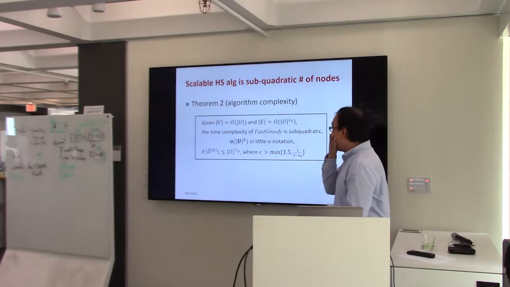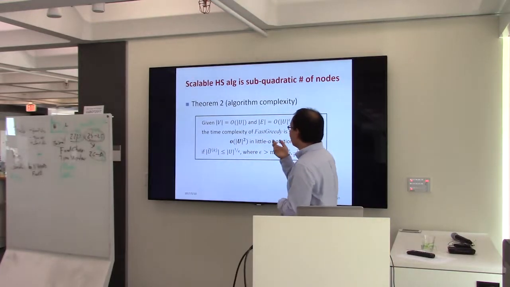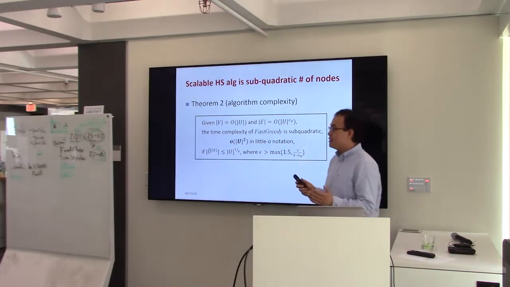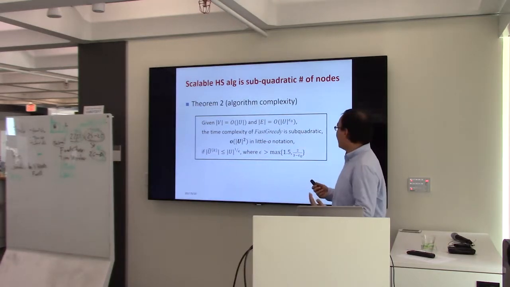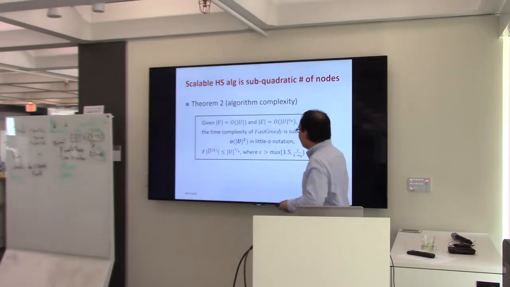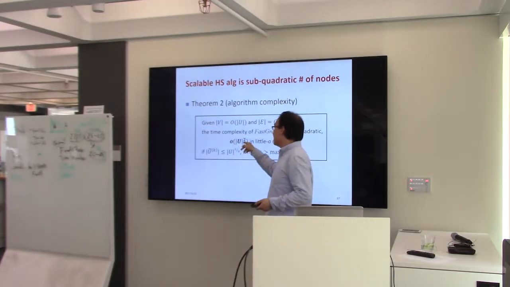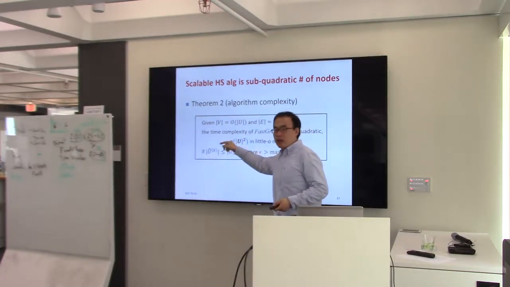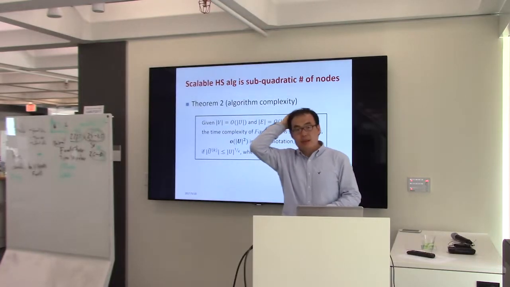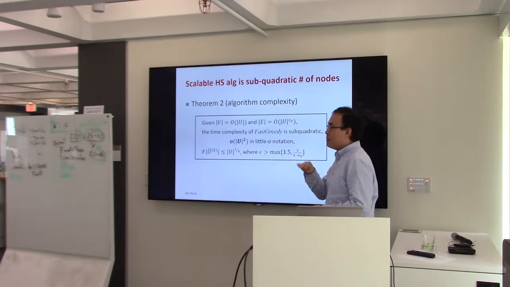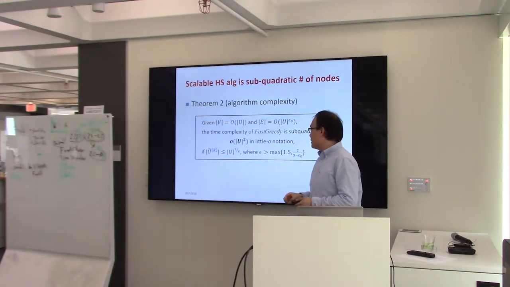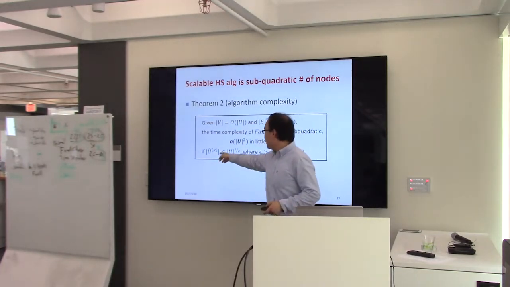I will show you why this can decrease the complexity of our algorithm to subquadratic, little o of U squared, which means it is less than the square of the number of nodes. We need to satisfy these conditions.